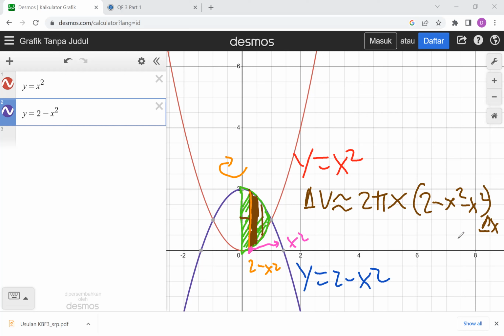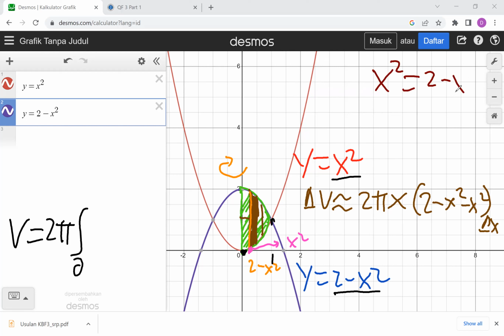Okay? So if you put this together, V will be 2 pi outside the integral, with x ranging from 0 until the intersection of these, namely x equals 1. Of course, you can look for the intersection by solving the equation x squared equals 2 minus x squared.